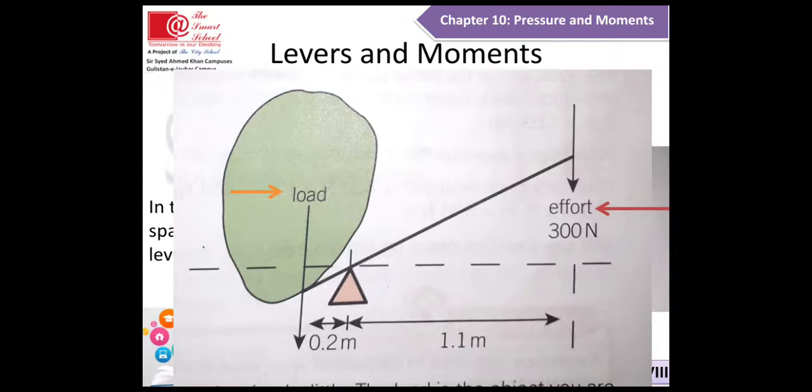The lever acts as a force multiplier. The effort moves a large distance, but the load is only raised a little. The load is the object you are trying to move. The effort is the force applied to move the load. The pivot is the point at which the lever turns.